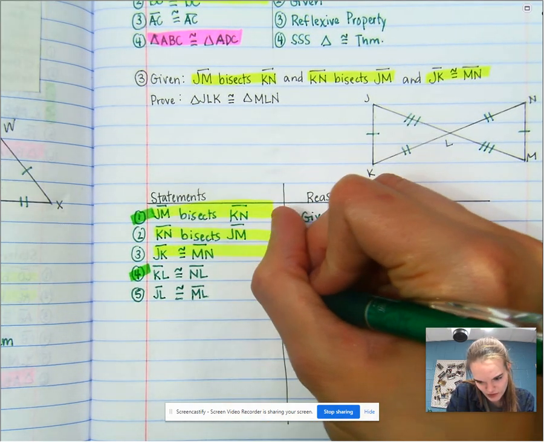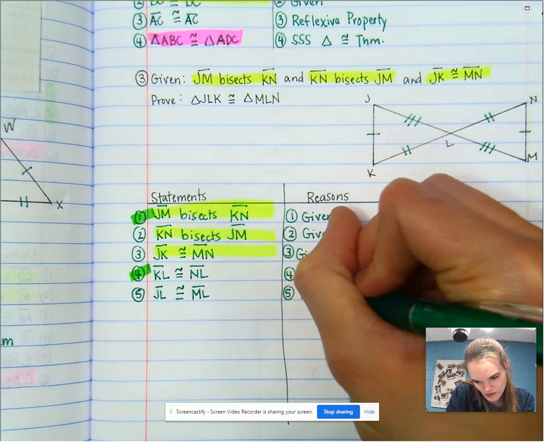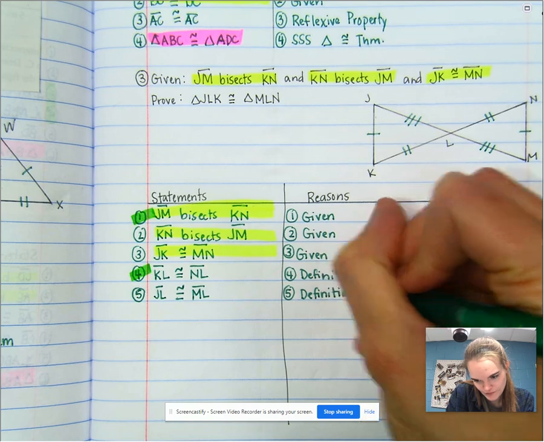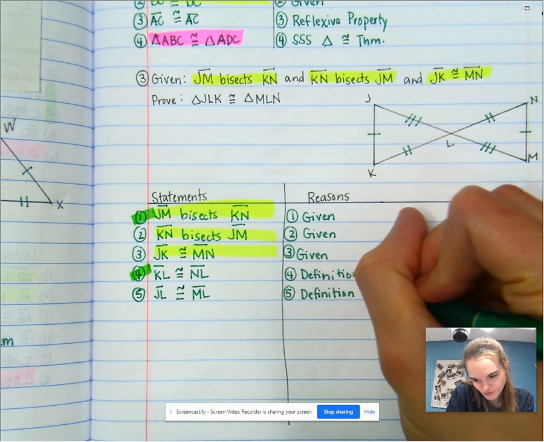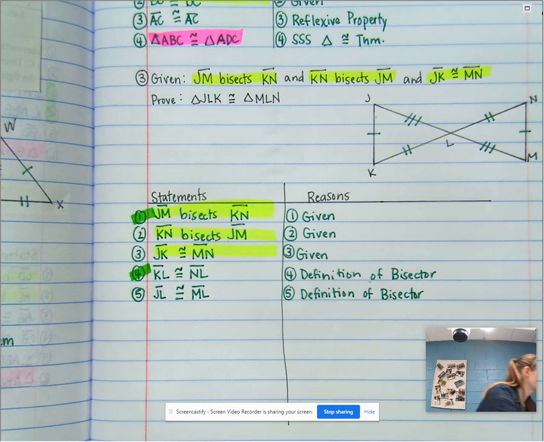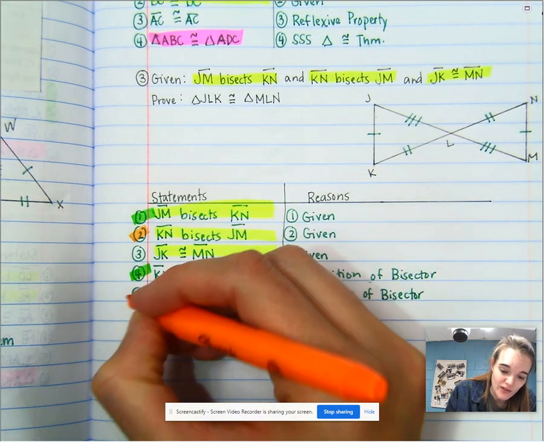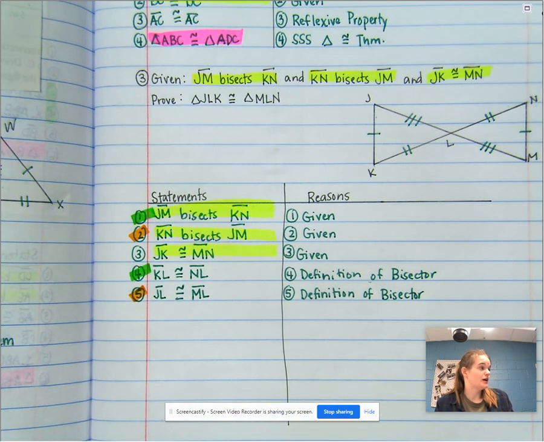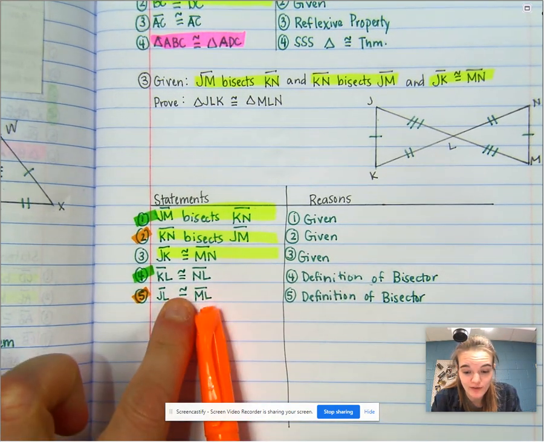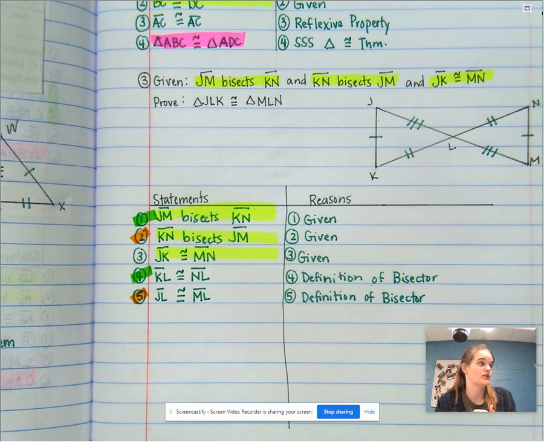That is also definition of bisector. Just like 1 had to come before 4, 2 has to come before 5. Because we can't say they're congruent if I don't know that it's being bisected. Okay, that's what I mean by order matters.